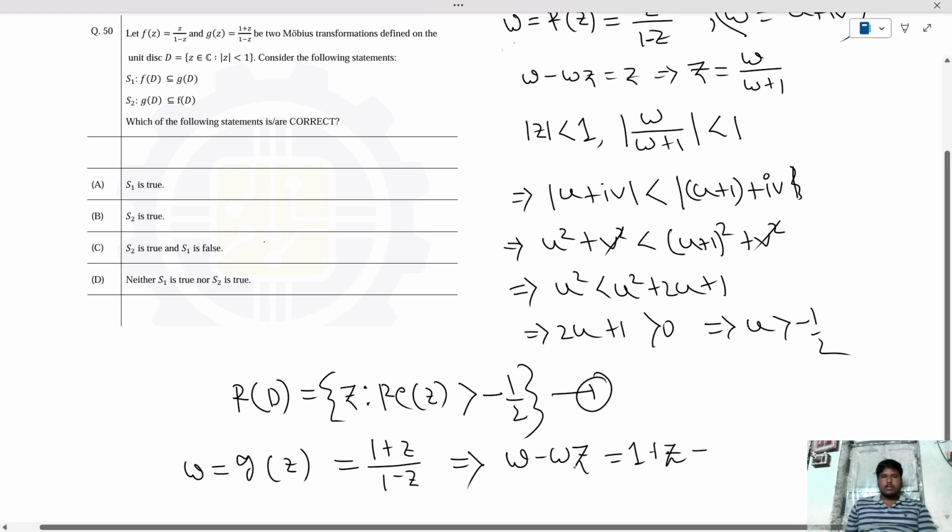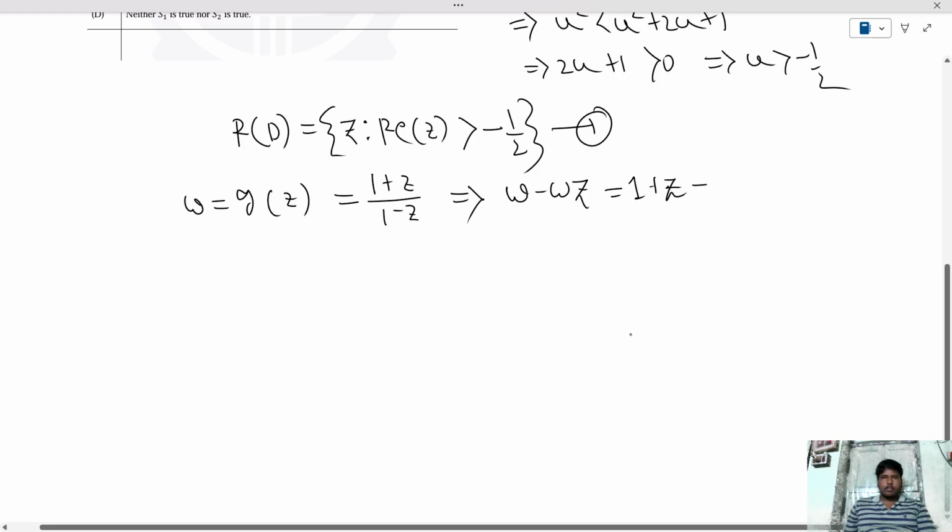So this implies w minus 1 equals z into (w plus 1). So from this we get z equals w minus 1 by w plus 1.